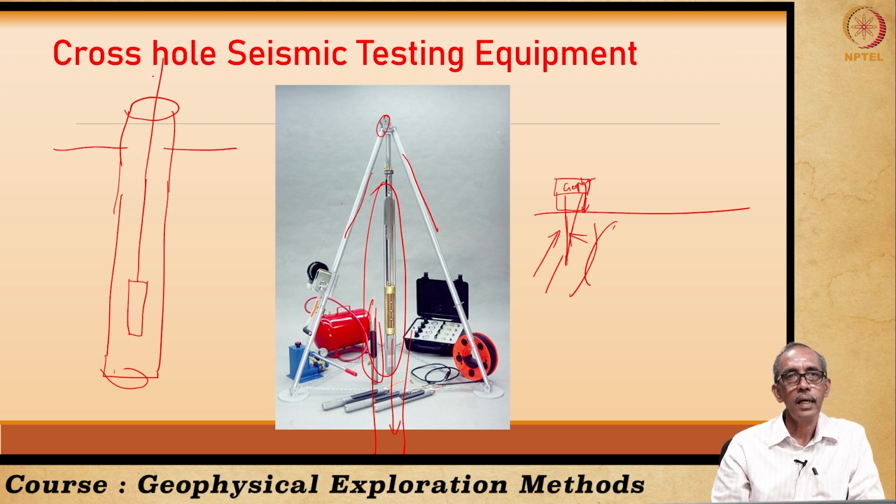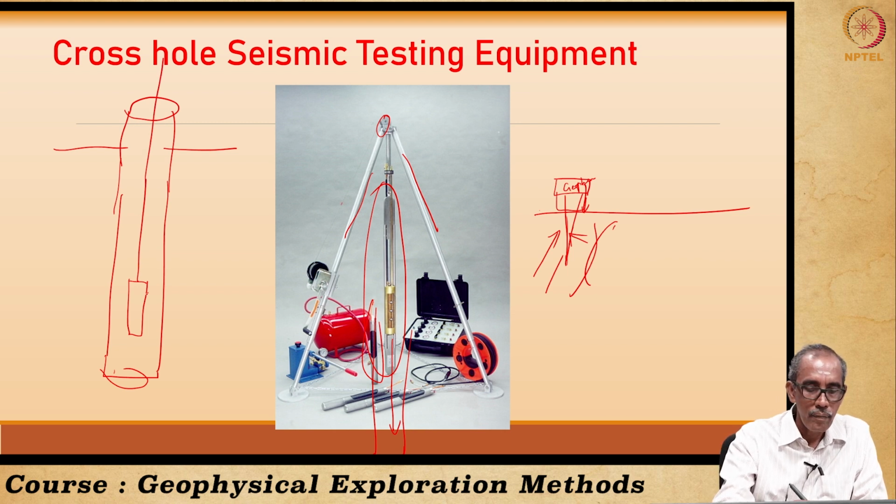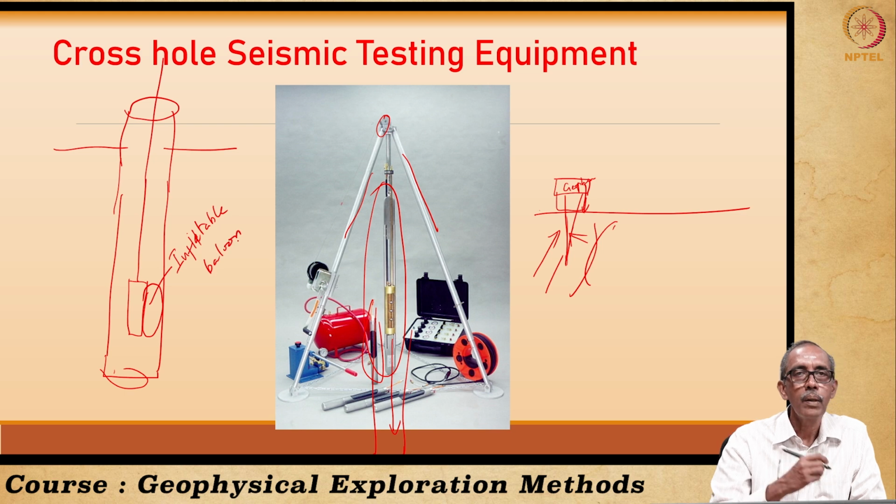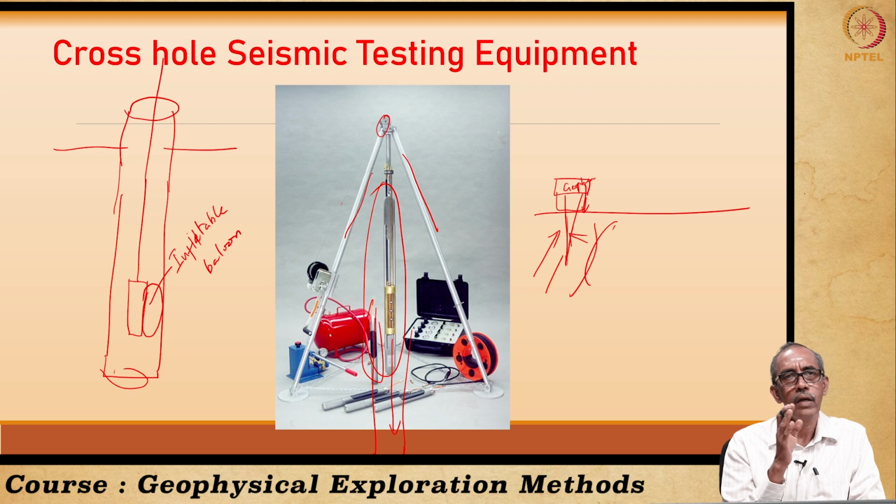To facilitate that, we use some special packing system. That means on the side of the geophone there will be a kind of inflatable balloon, or in some geophones you may have a kind of lever mechanism.